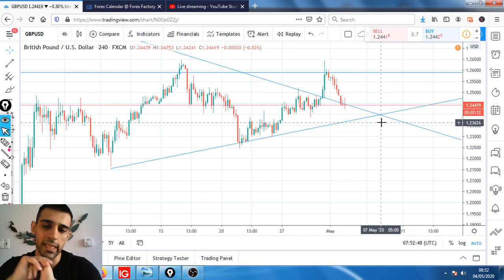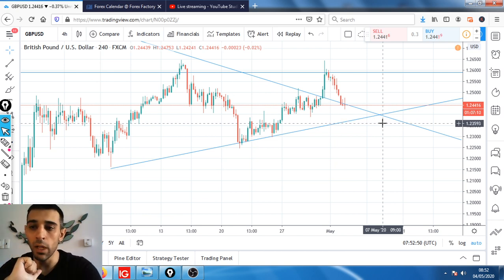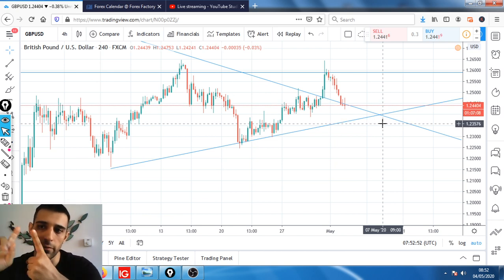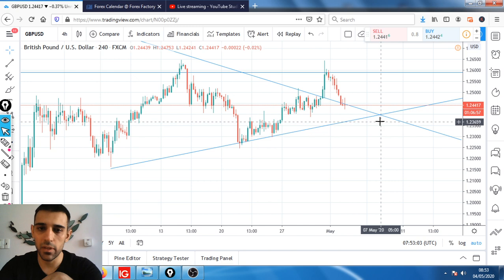If you want to play it safe, run it to 124.05. That will be the first target, but the risk reward is only going to be 1 to 2. In my case, I'm going to be holding it down to 123.65. If my math is not failing me, that's about an 80 pip target. So 80 pips is more than a 1 to 3. It's 1 to 4 risk reward, which I'm pretty happy about.